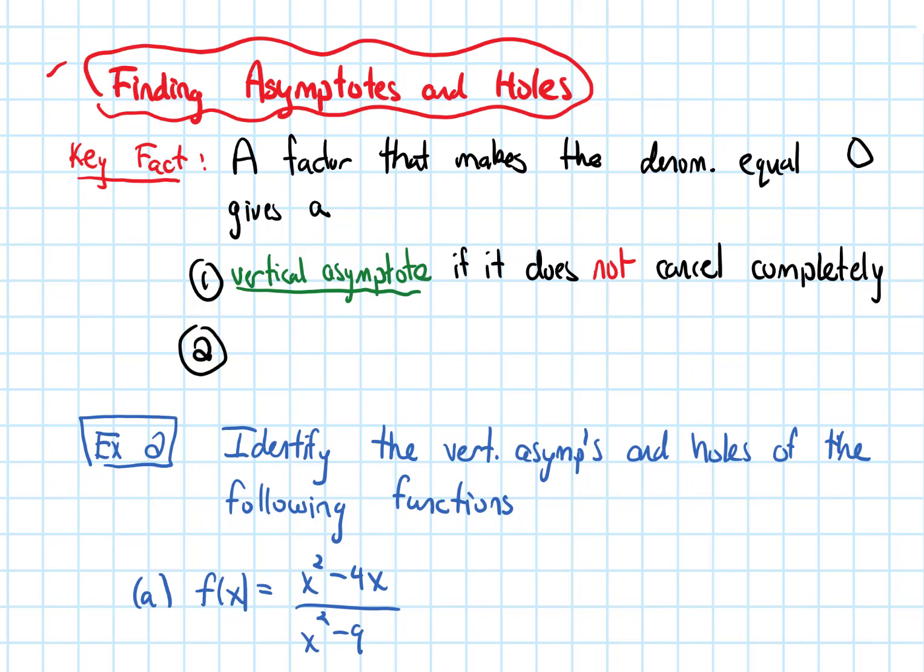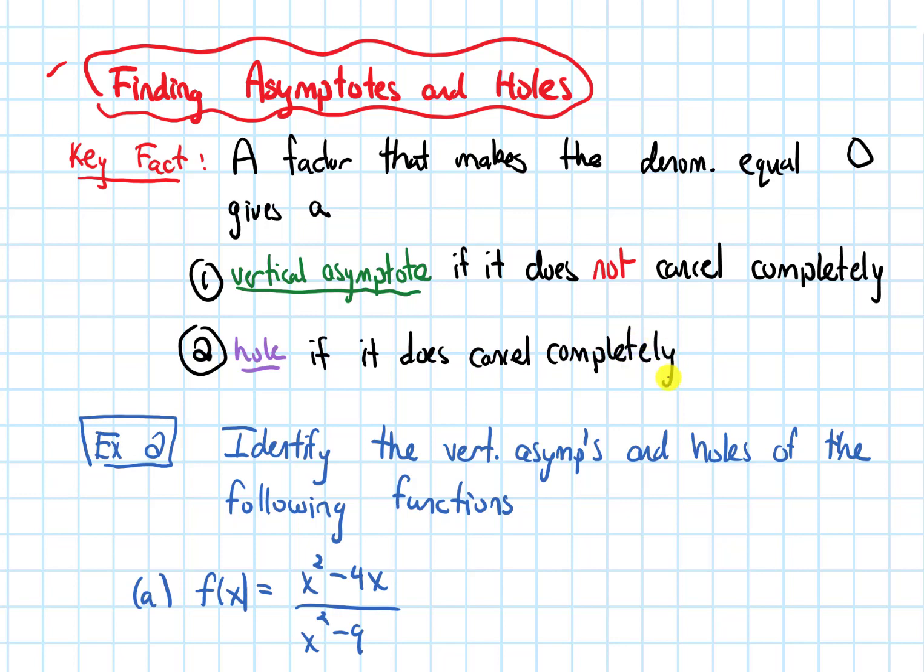And it would give us a hole if it does cancel completely away on the denominator.